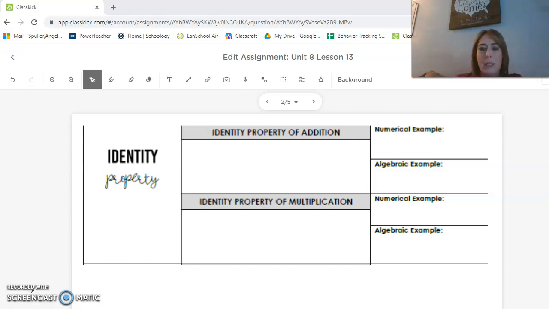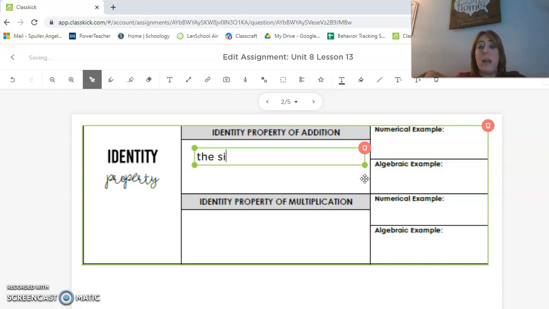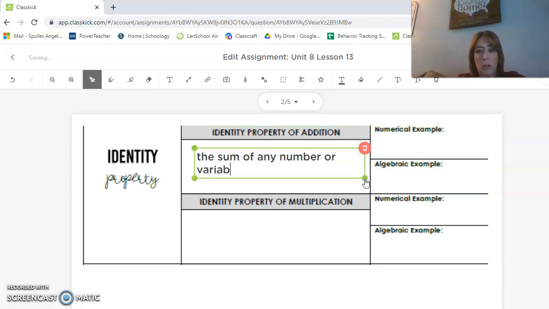There are three other properties that you need to learn about that go along with the associative, commutative, and distributive property. The first one is the identity property, and this is just the sum of any number or variable added to 0 stays the same.